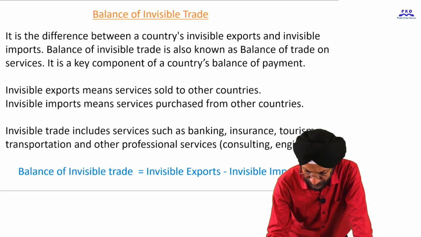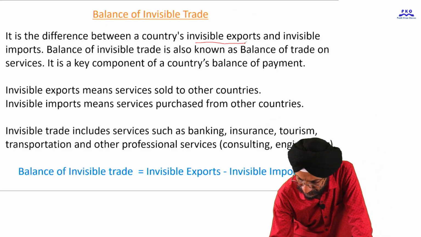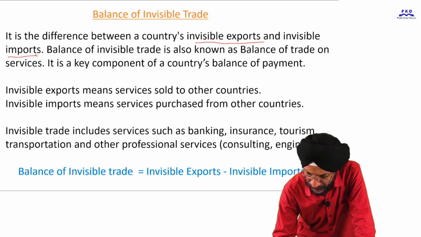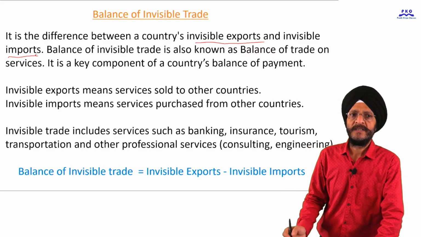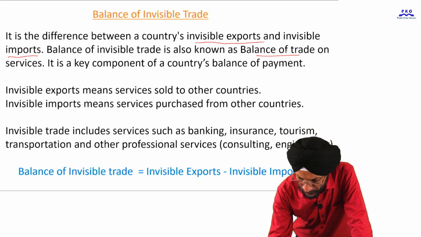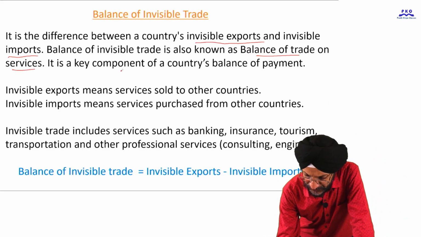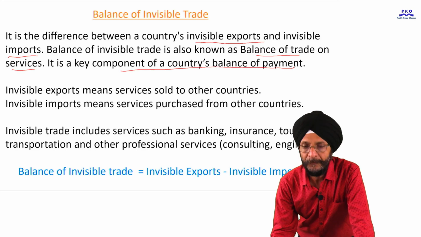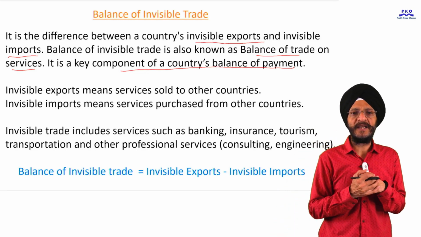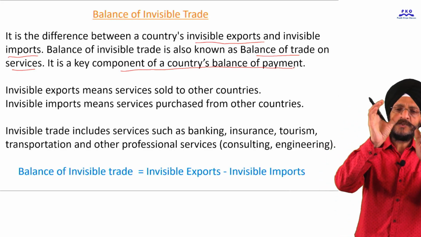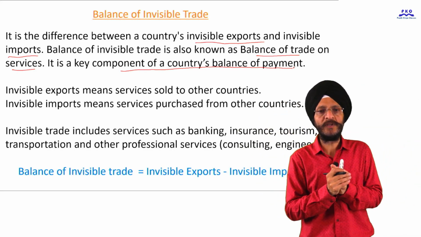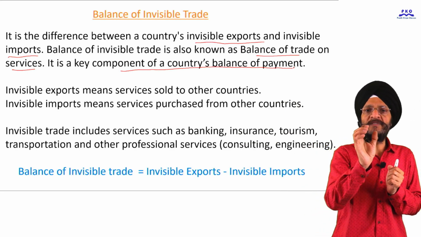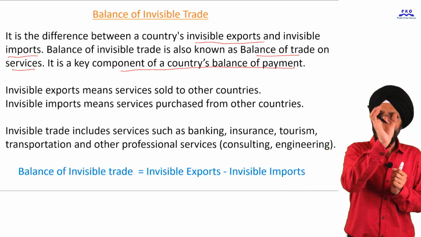So it is the difference between a country's invisible exports and invisible imports. Balance of invisible trade is also known as balance of trade on services. It is a key component of balance of payment. We discussed that balance of payment has three components: current account, capital account, and financial account. And balance of invisible trade comes under the head current account.